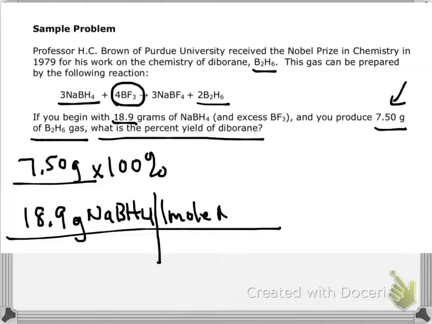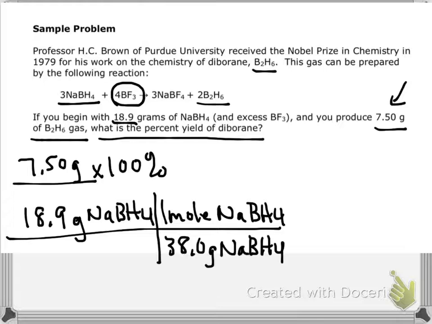So 1 mole of NaBH4, the mass is 38 grams, taken from the periodic table. That's the mass of 1 sodium, 1 boron, and 4 hydrogens. Okay, the ratio of NaBH4 to B2H6, the diborane, is 3:2.